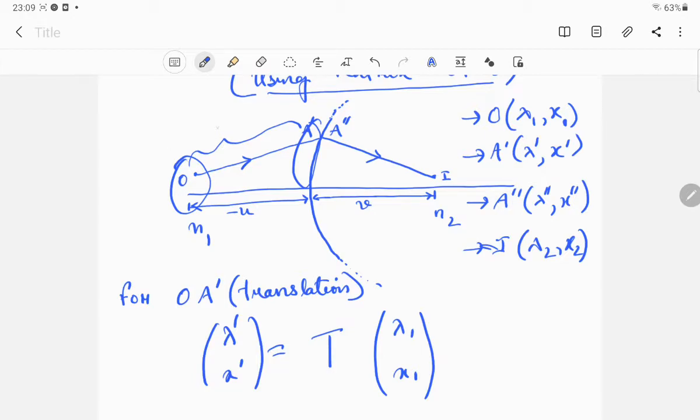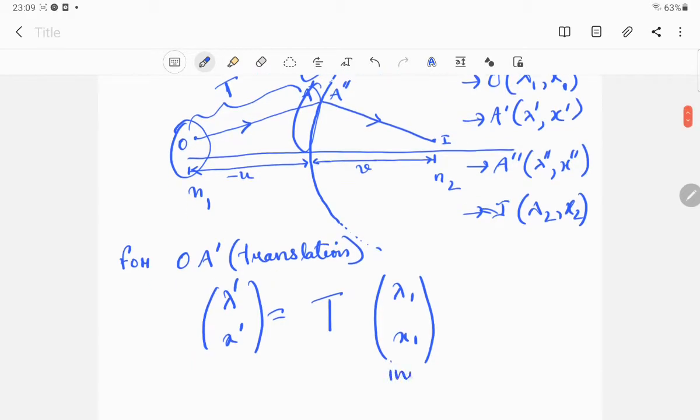On the initial coordinate, the coordinate of the ray of light at the point O, translation happens, and then we get the final coordinate. This is the way of representing it as a matrix.